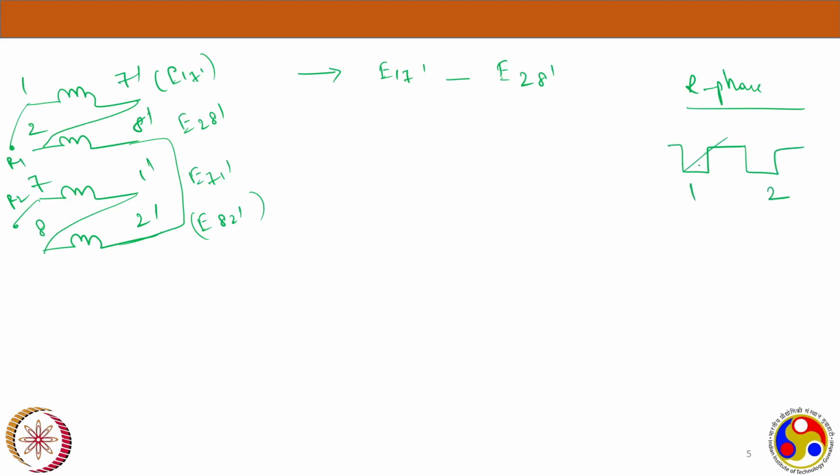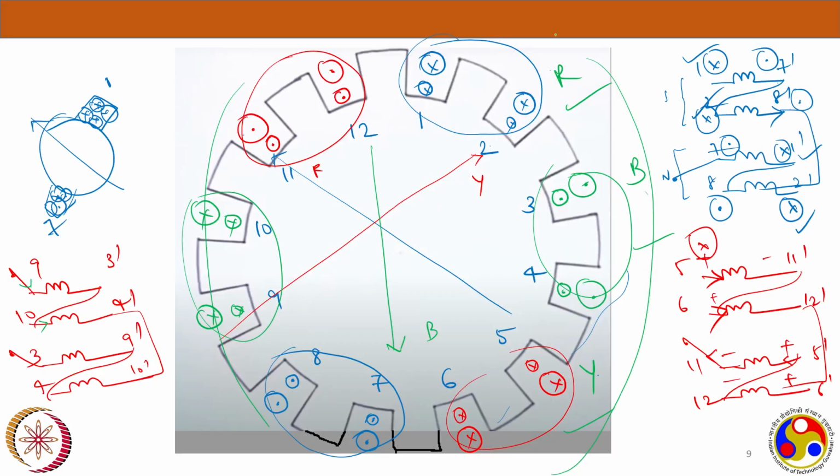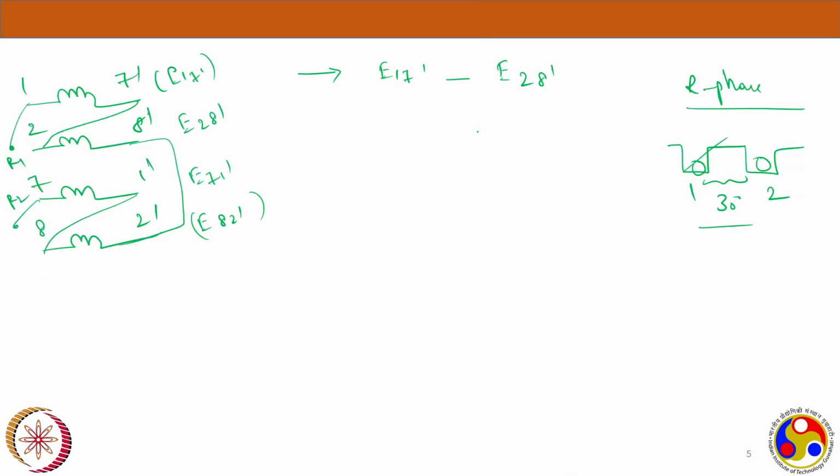This is 1 7, and this is 2 8. So definitely they are 30 degrees displaced in the machine. Each slot is sharing 30 degrees. So if you see this one and this one, there is a 30-degree angle. So 1 7 dash and 2 8 dash, these two coils we are looking at, are displaced by 30 degrees.